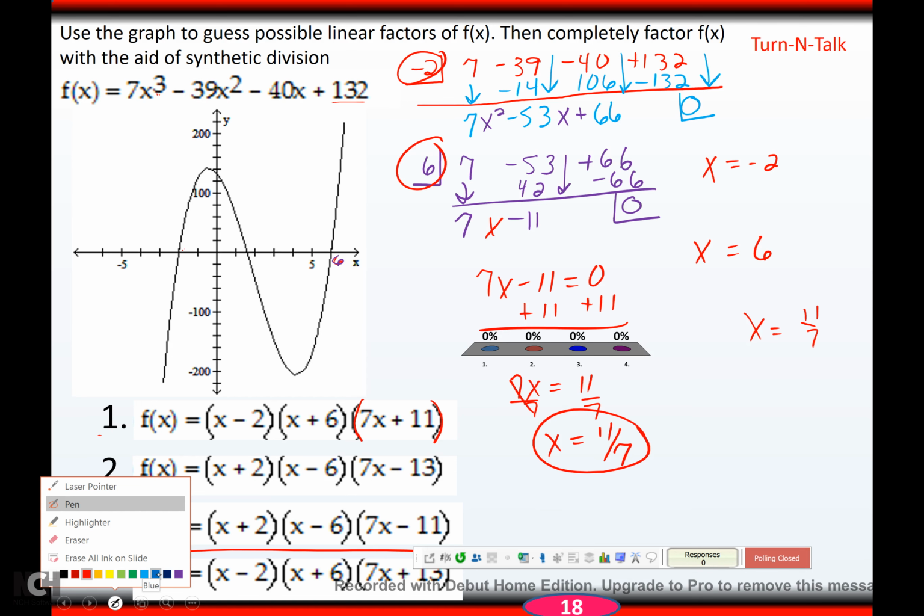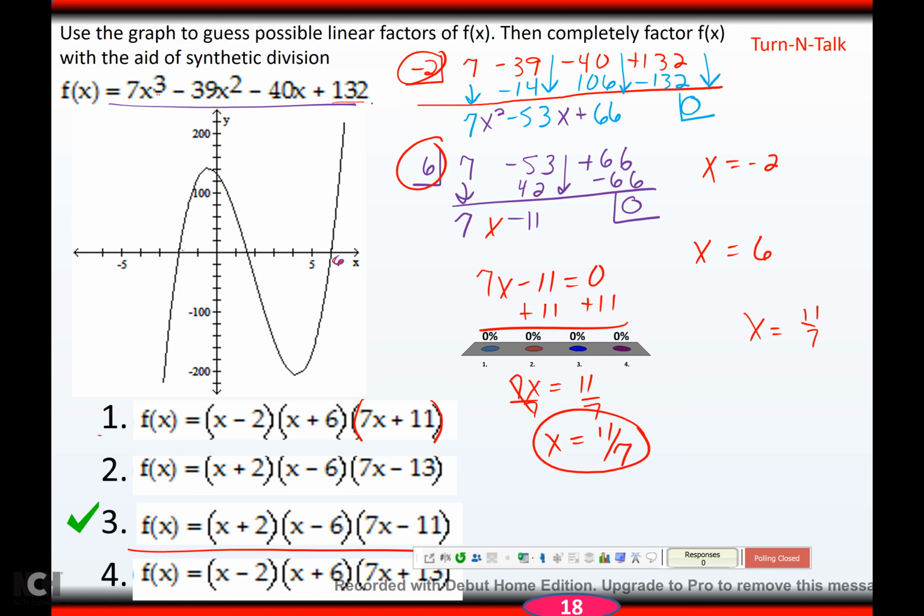They said completely factor it. Well, what they're saying is turn your zeros now into factors. Remember when we had the zeros and we backed up to factors and we multiplied them together to get the function back? That's the same thing we're doing here. To write it as a factor, we want 0 back on this side. So add 2. So I have x plus 2 equals 0. So one of my factors in my function is x plus 2.